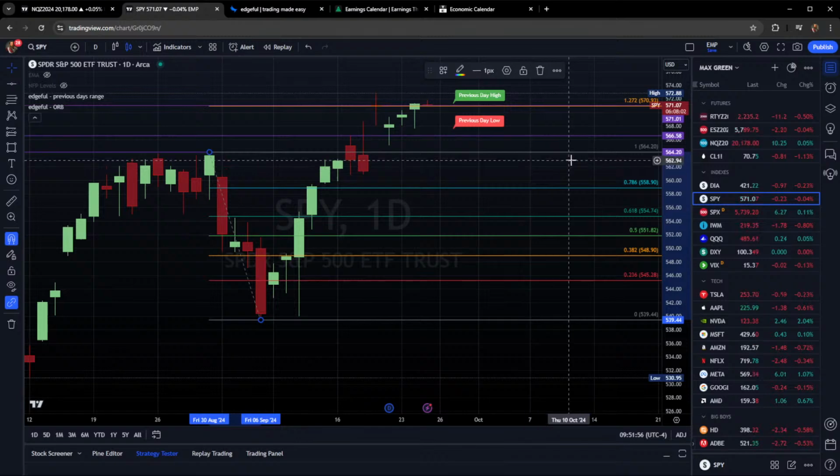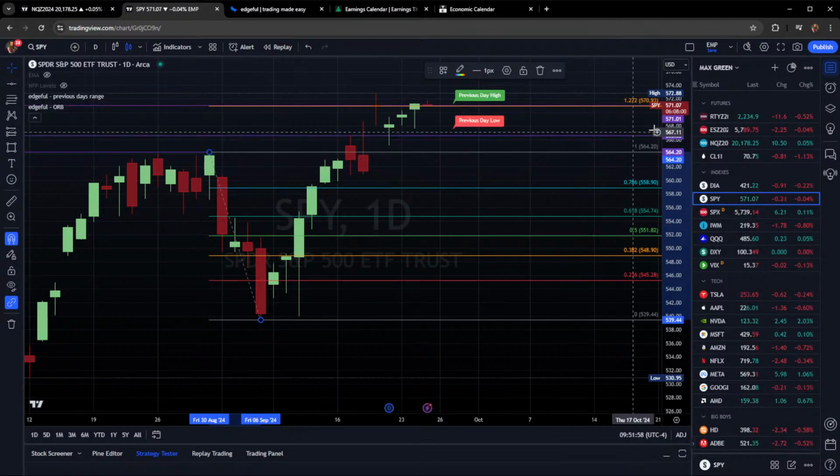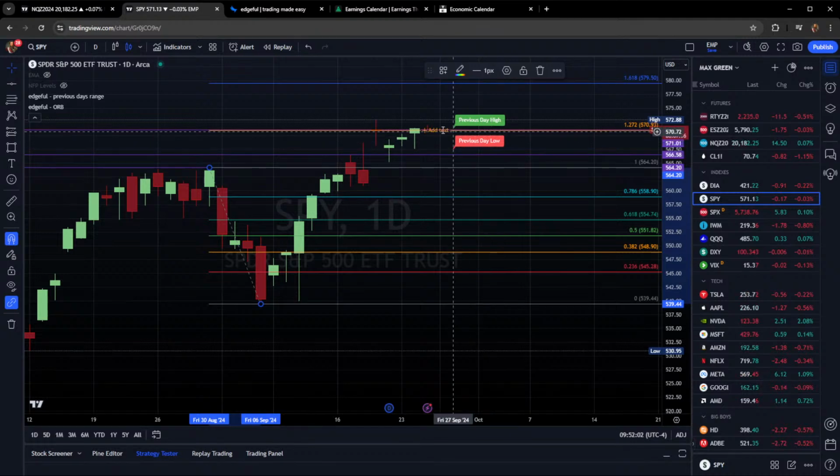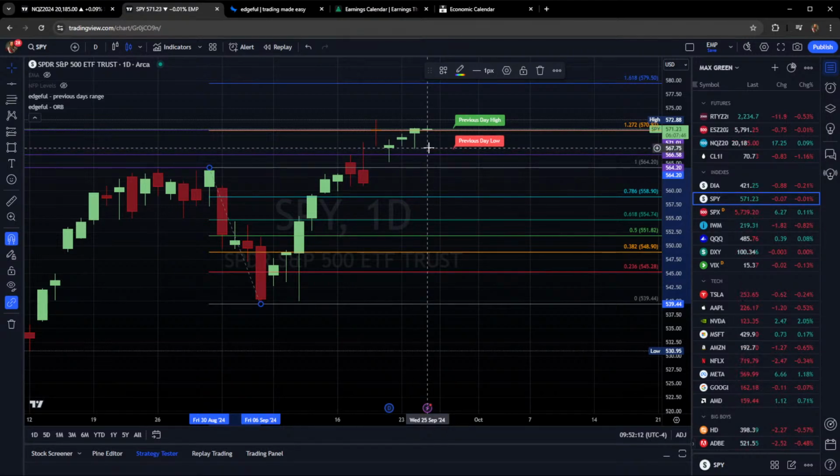Stay above this 571, we'll just call it 571. There's an upper target for you. But we never even really fully backtested this either. Don't forget we have that SPX 5700 big key level, so it's basically right here, 567. This area is going to be a big area to watch.